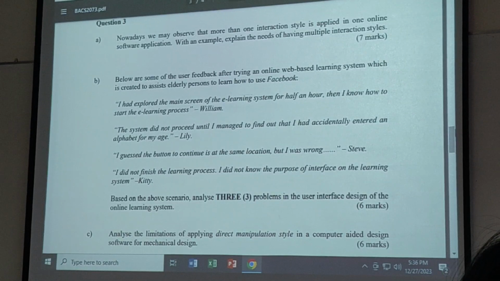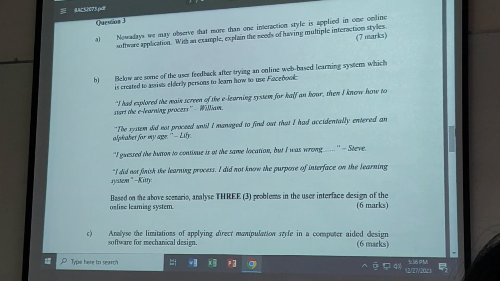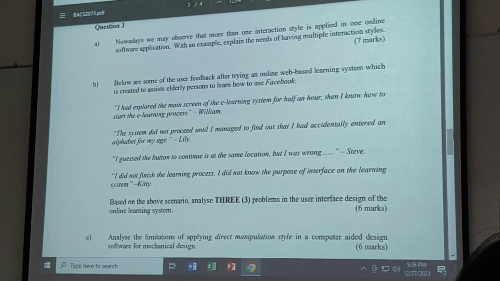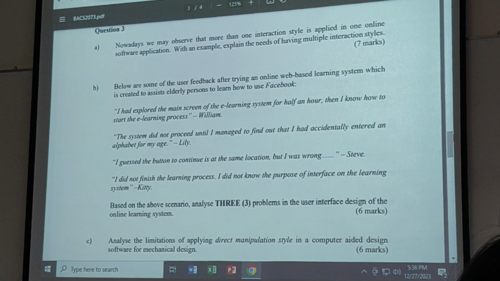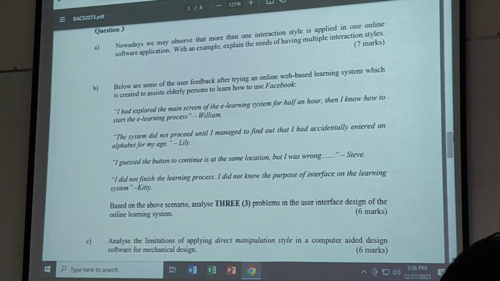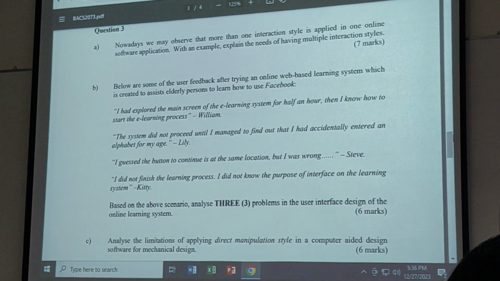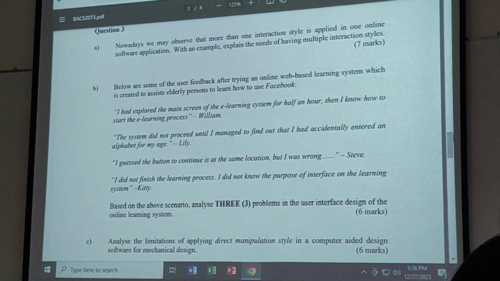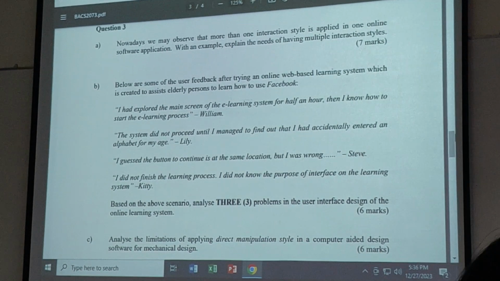Okay. Third one is the interface may be ambiguous, the label, understand?